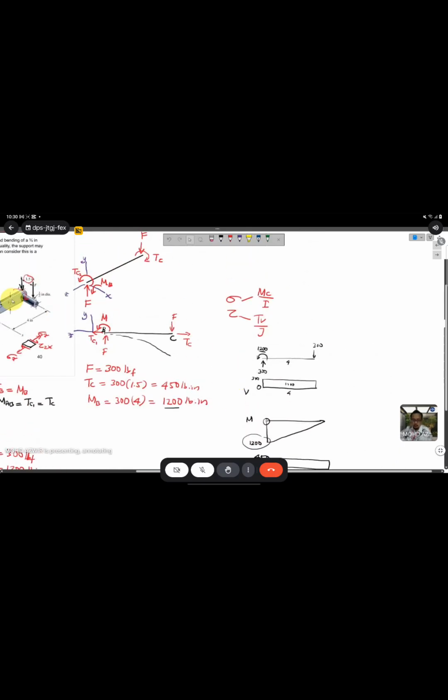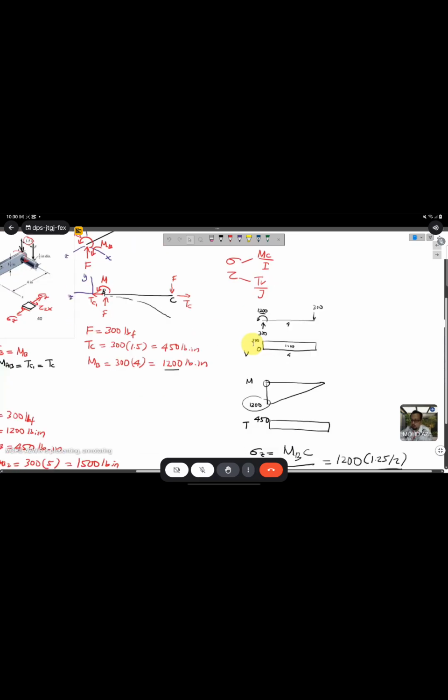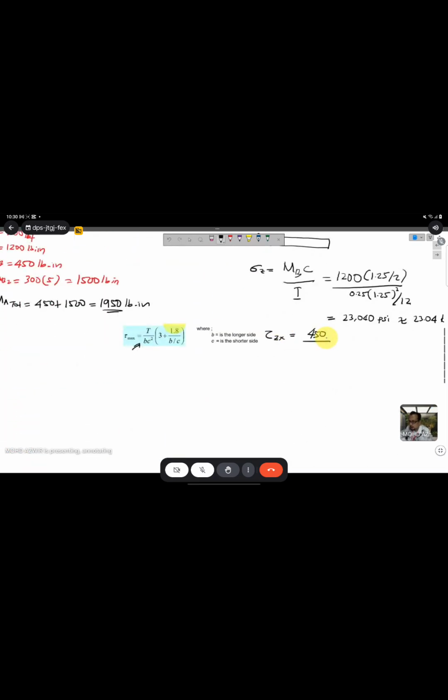So B will be 1.25, C will be 0.25. Then times 3 plus 1.8 divided by the longer side, 1.25, divided by 0.25.